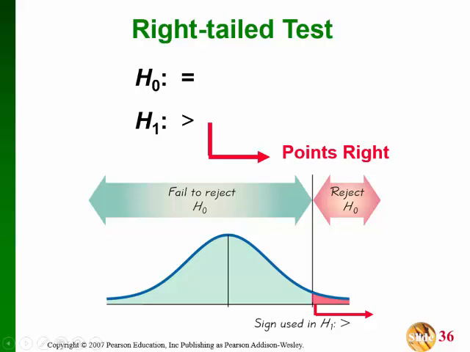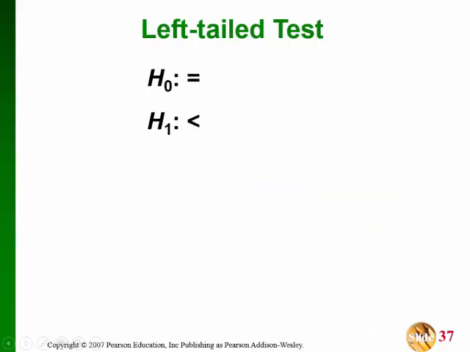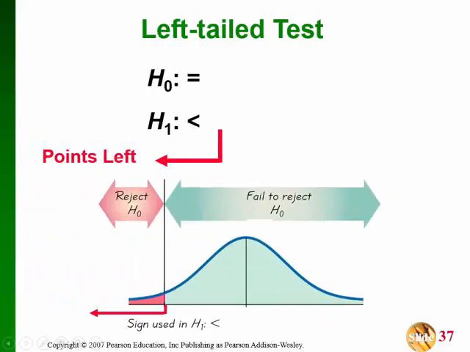If your alternative hypothesis is a less than, it points to the left, and it'll be a left tail test. I wish we had this all in one slide so you can do the comparison, but here's the other one. Left points to the left, left tail test.